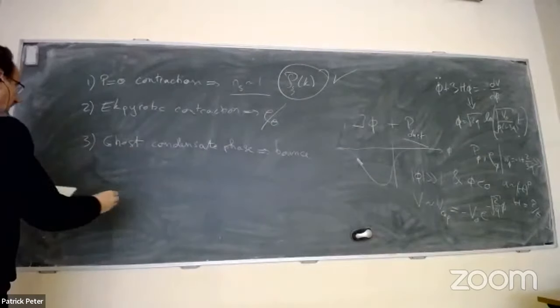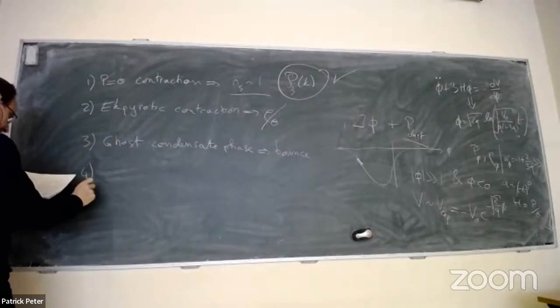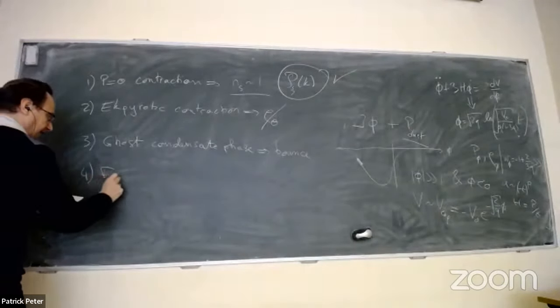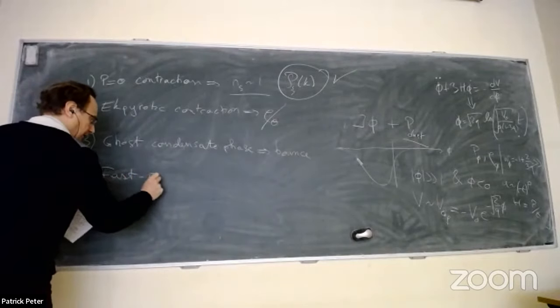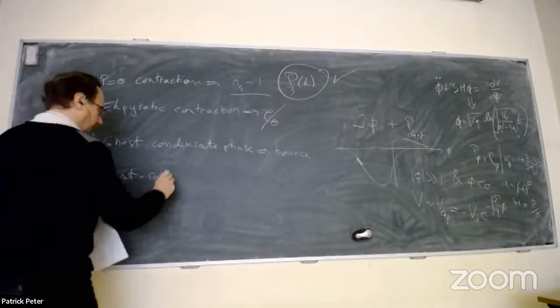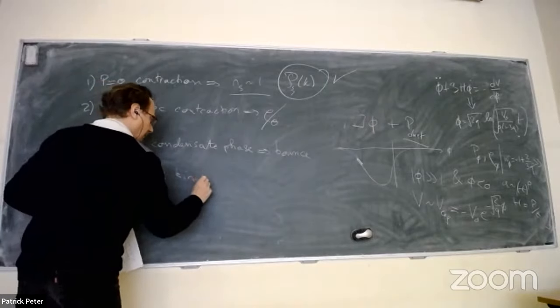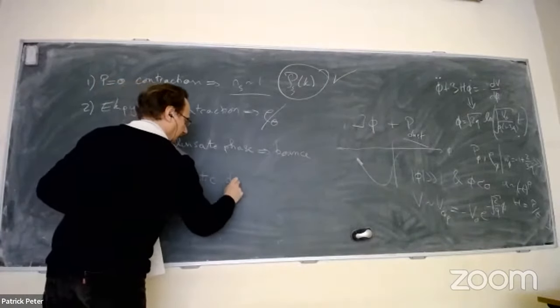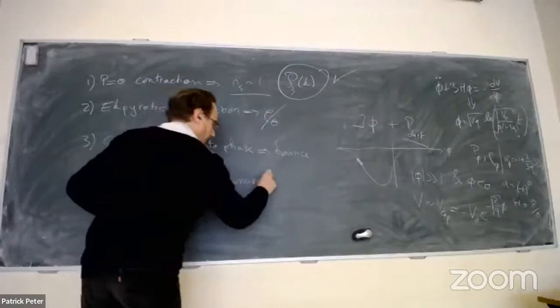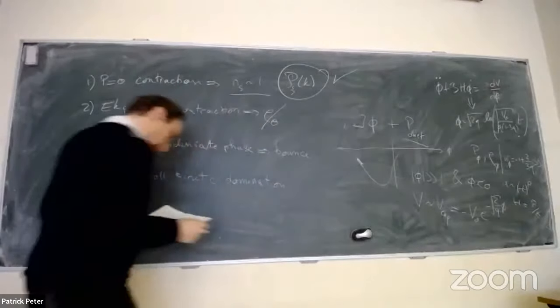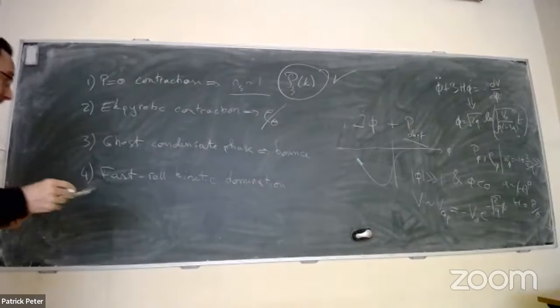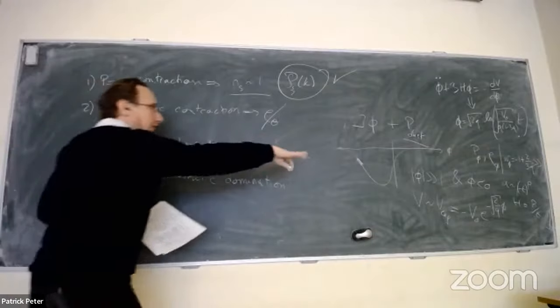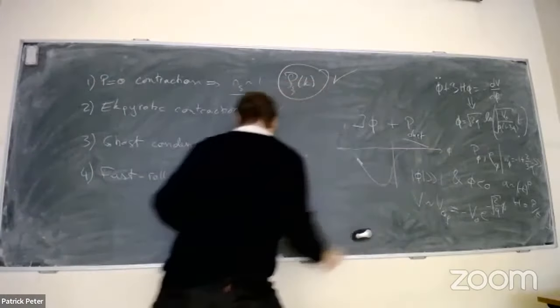And it so happens that at the end, I have a fast roll. That's a consequence. Fast roll kinetic domination. And by this, I mean that at the end of this phase, I'm basically around here.